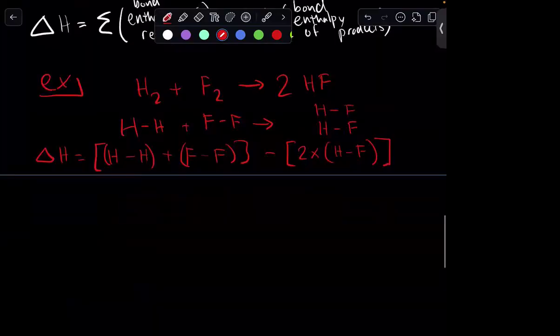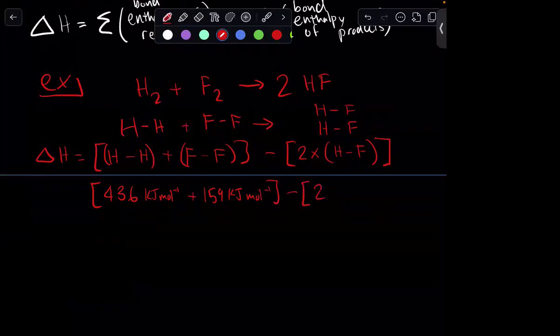When I look up these values, I find that I have for hydrogen bond, 436 kilojoules mole inverse. I add that to 159 kilojoules mole inverse.